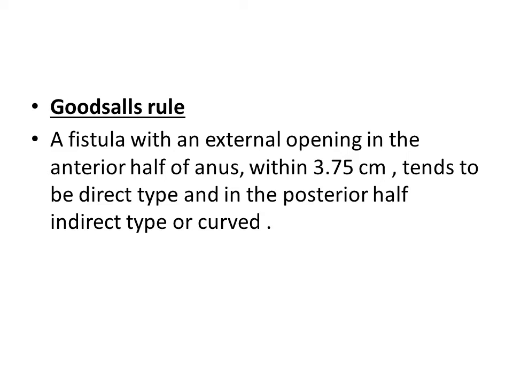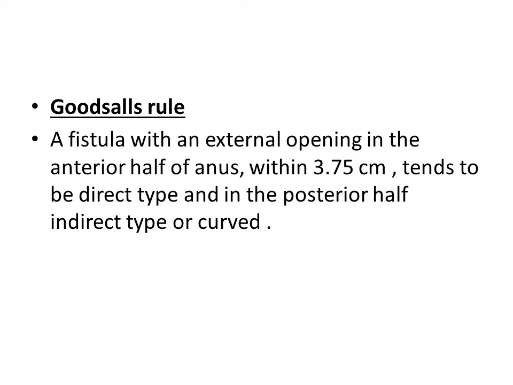A fistula with an external opening in the anterior half of anus and within 3.75 cm tends to be of direct type, and the one in the posterior half indirect type or curved fistula.